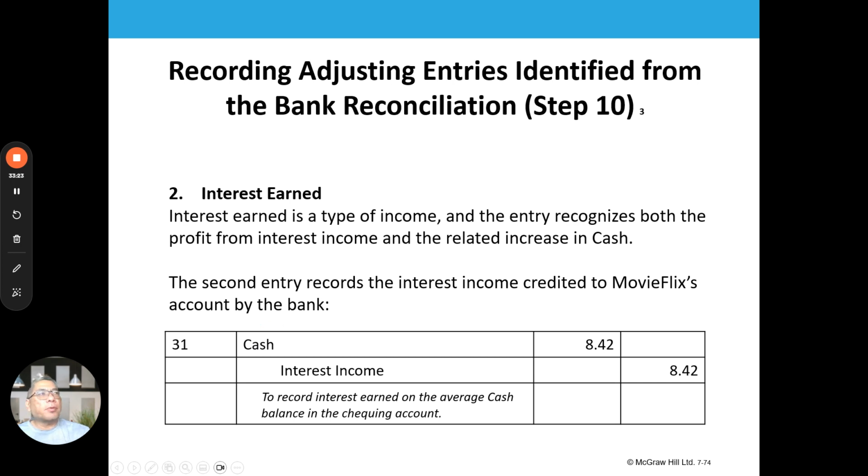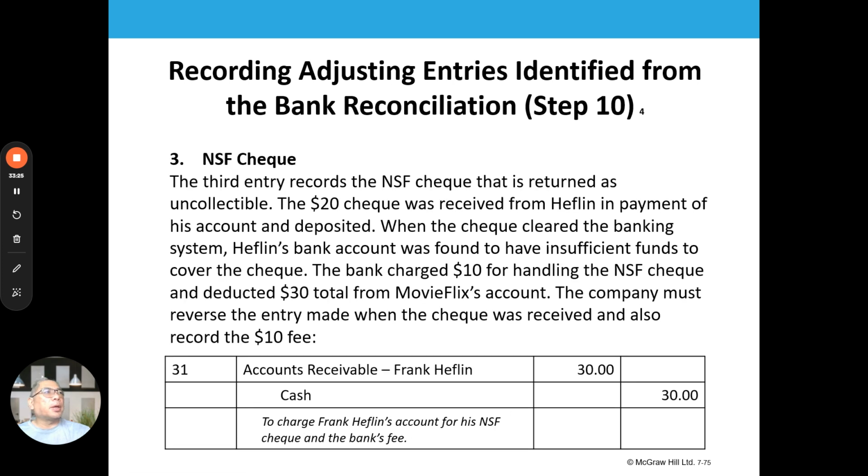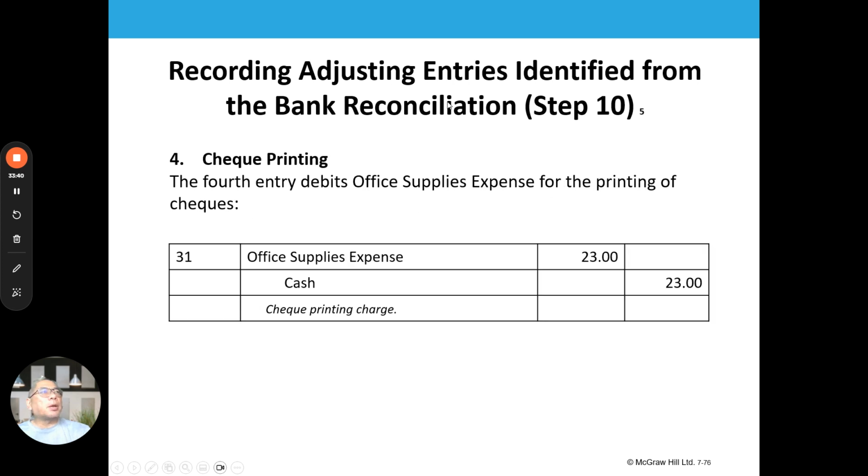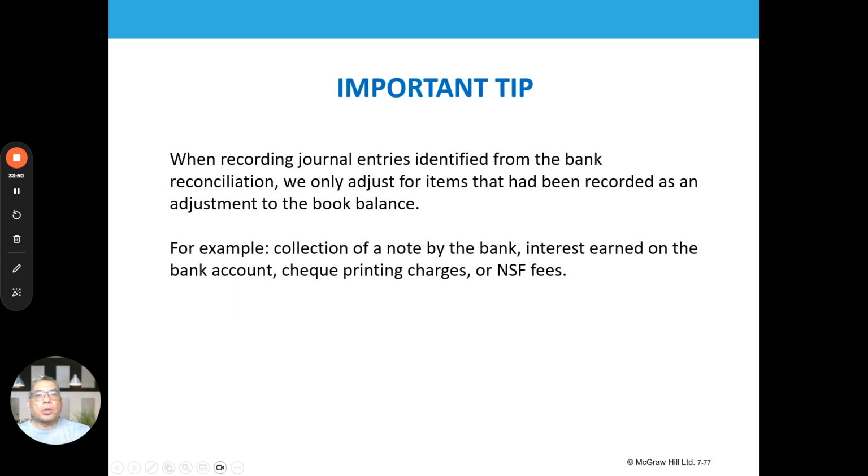Okay, that's the adjusting entry. The NSF check is another example here: accounts receivable from Frank Heflin is $30, and cash is $30. And for check printing: office supplies $23 debit, and cash credit $23. Those are the important tips for doing the entries.